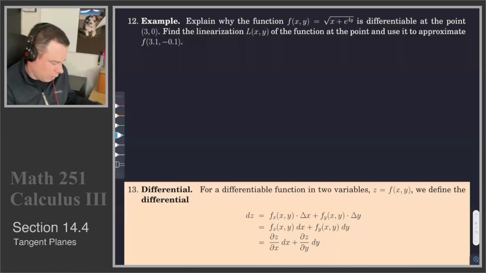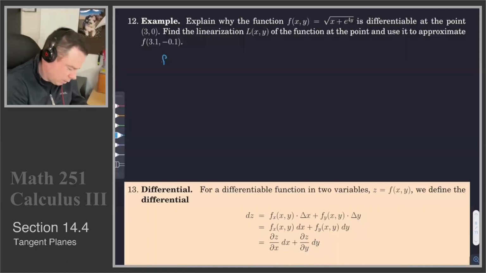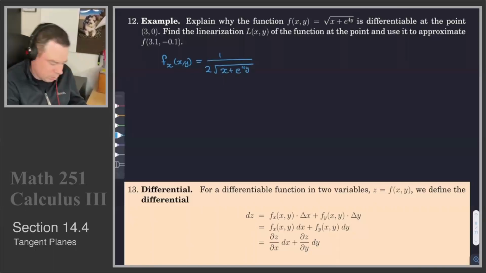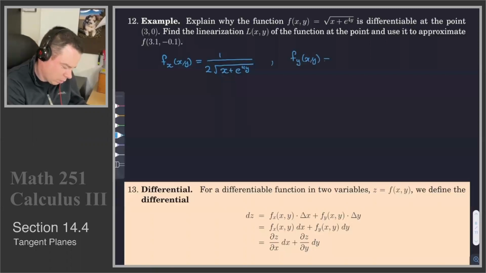The way we can do this is to compute the x derivative. That's going to be 1 over 2 times the square root of (x + e^(4y)), times the derivative of the inside function with respect to x. That would be the derivative of x with respect to x, so that's a 1. And then what about our f sub y, our y partial derivative?